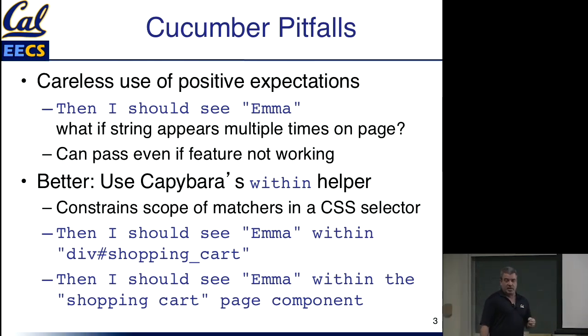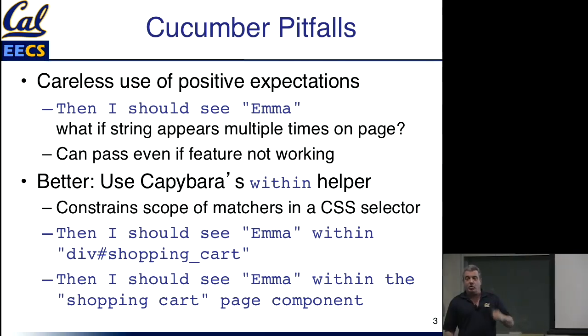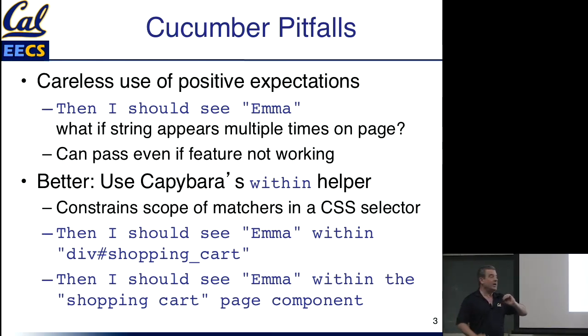A very common testing technique, in fact, one that I use all the time, is when I'm designing my pages, my views, and the pages are made up of different sections, I make sure to give each section a unique ID in HTML just so that I can name it in a test later on. So for example, if I have a part of the page where the shopping cart is shown, I'll give that the ID shopping cart because now in a test, I can refer to it specifically and narrow down expectations to only examine that part of the page.